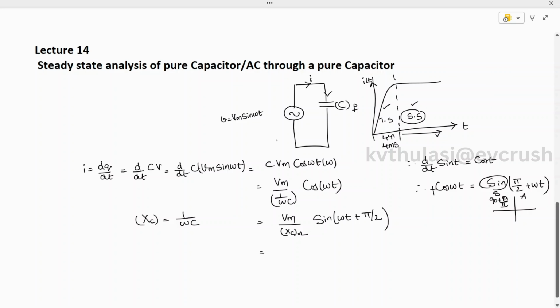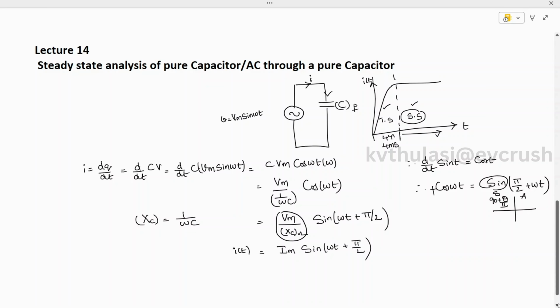So this is i of t. i of t equals I maximum sine of omega t plus pi by 2.